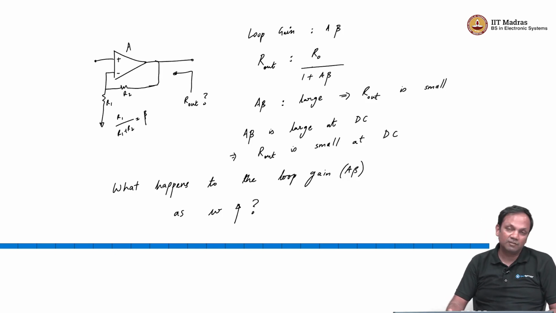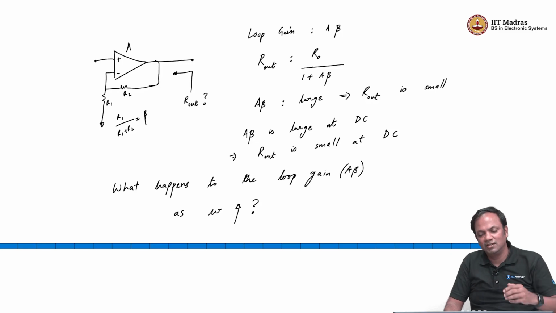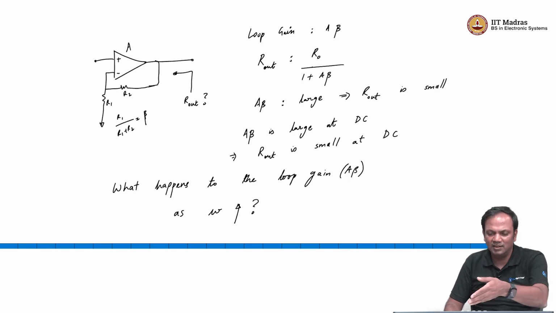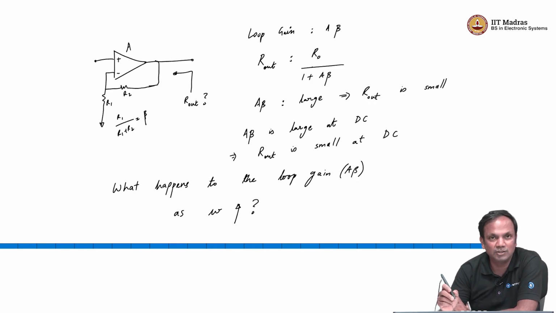Because if loop gain starts to reduce, 1 plus loop gain is going to reduce. If 1 plus loop gain reduces, then the output impedance is going to increase, right. It might not be R naught, it might be Z naught, but Z naught divided by 1 plus loop gain will start to increase, because 1 plus loop gain is starting to reduce.